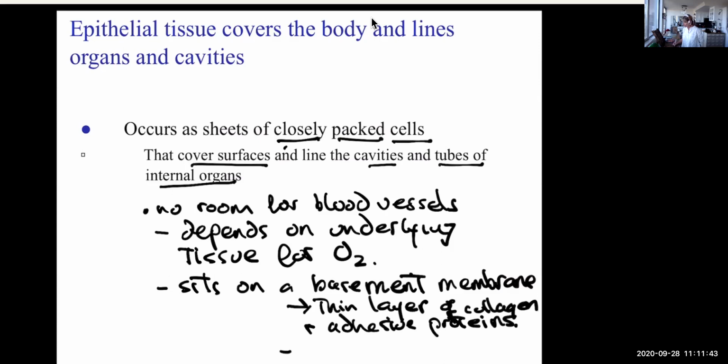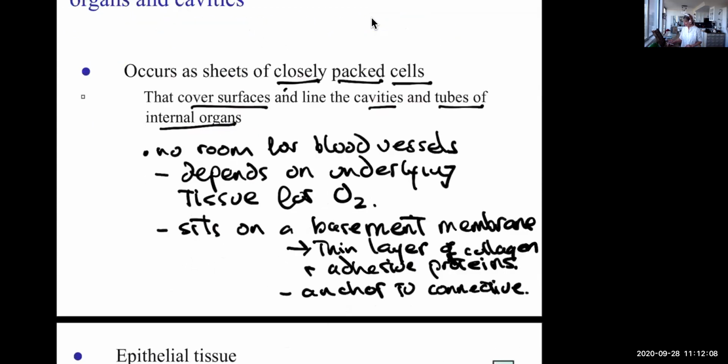It basically functions to anchor that epithelial tissue to connective tissue. Are you with me so far? Good, okay, good. Awesome.